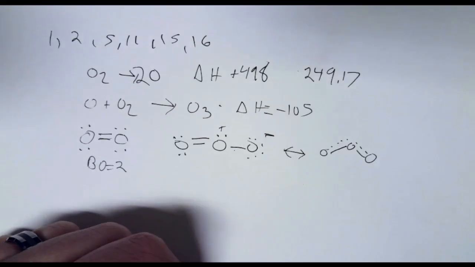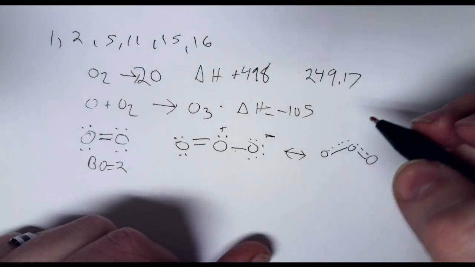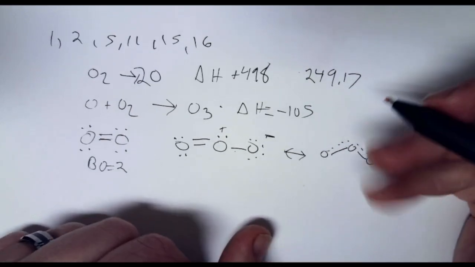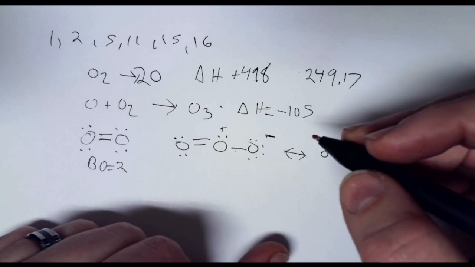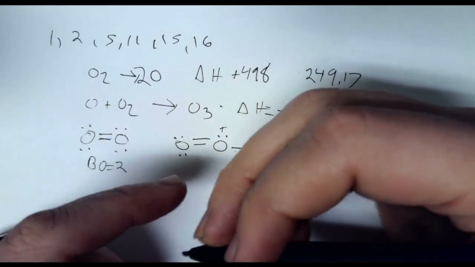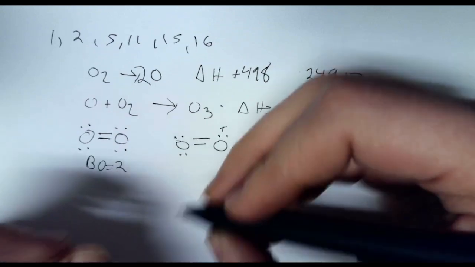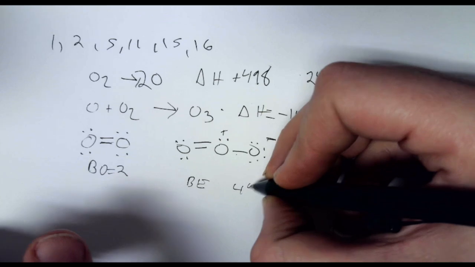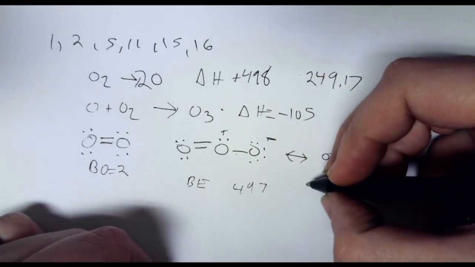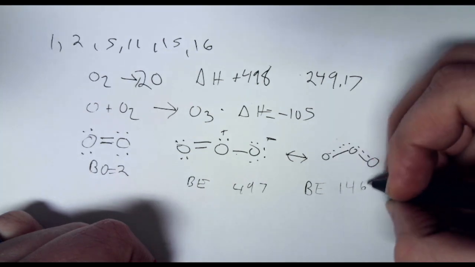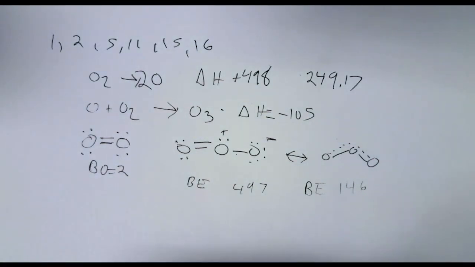You would expect a bond order of 1, but a resonance structure actually has a bond order of 1.5. So with that in mind, if you look at the bond enthalpy of a double bond, an OO double bond is 497. The bond enthalpy of an OO single bond is 146.